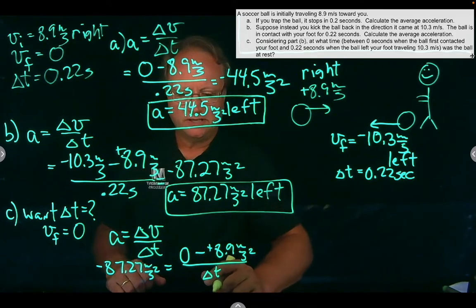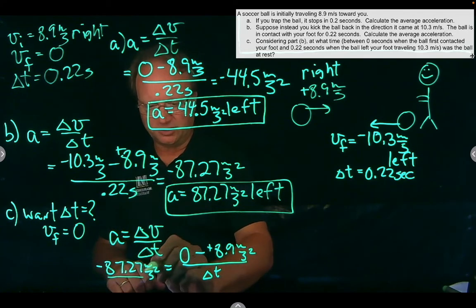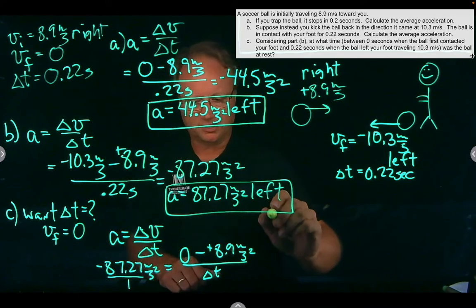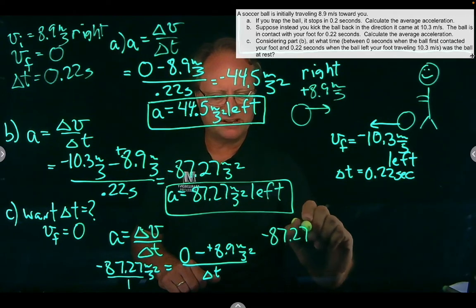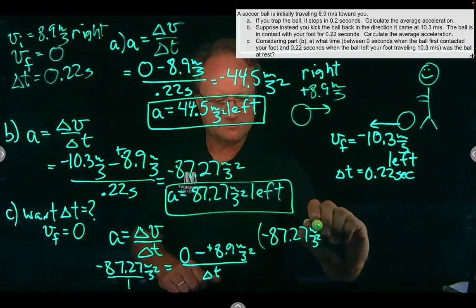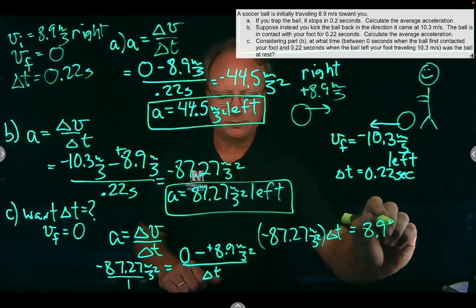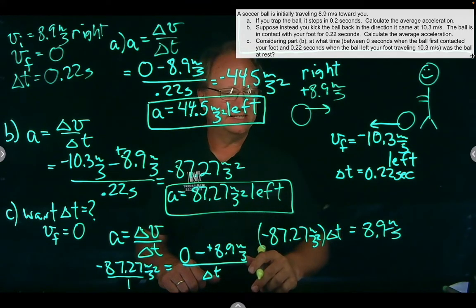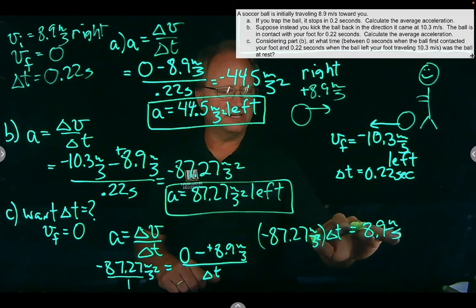So then to solve for this, I'm going to put this over 1, cross multiply. So then we're going to get negative 87.27 meters per second squared times delta t is equal to 8.9 meters per second. There shouldn't be a squared on that. Okay, and then we're going to divide the 87.27 to the other side.